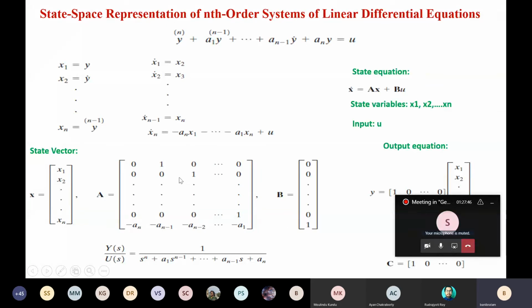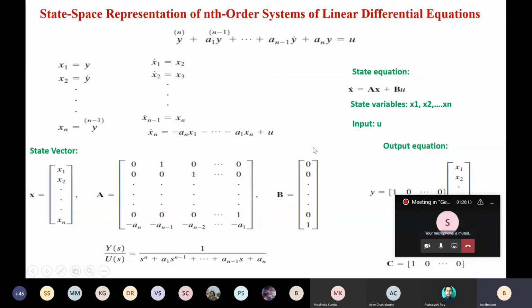Similarly in this row, this will be 1, all other 0, because the x vector will be multiplied. If you multiply a into x, what will be your first term? The first term in x dot will be x1 dot. So x1 dot equals to x2, because only this term is 1. So this 1 will be multiplied with x2, and x1 dot equals to x2. That you can write. Fine.